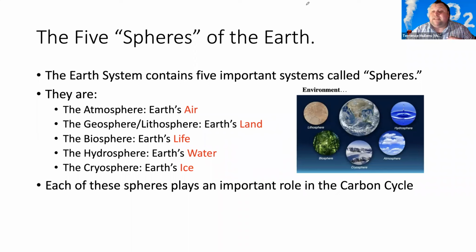Okay, now think about something that takes carbon away from the atmosphere, that takes carbon dioxide. I keep using those 2 terms interchangeably, but that removes carbon dioxide from the atmosphere. You probably thought of plants, maybe phytoplankton, maybe the ocean. You may have thought of something else. Those are usually the main ones.